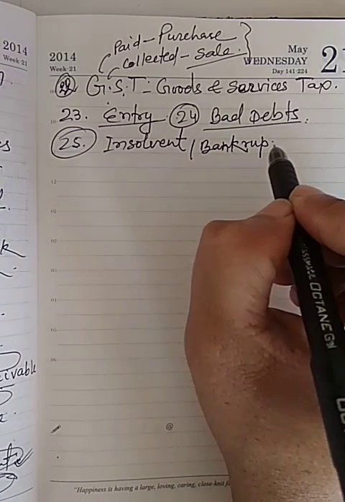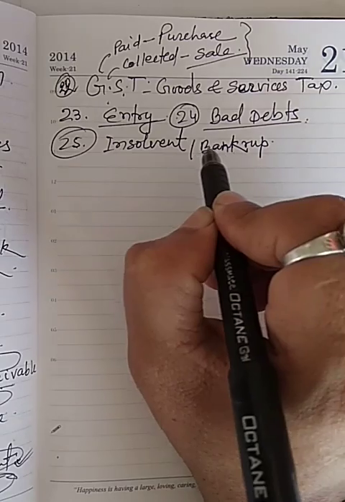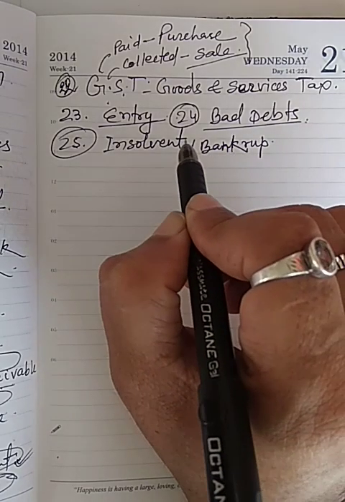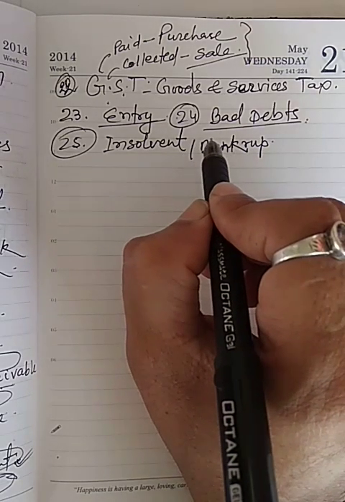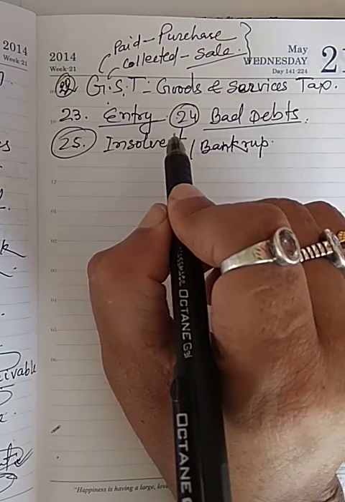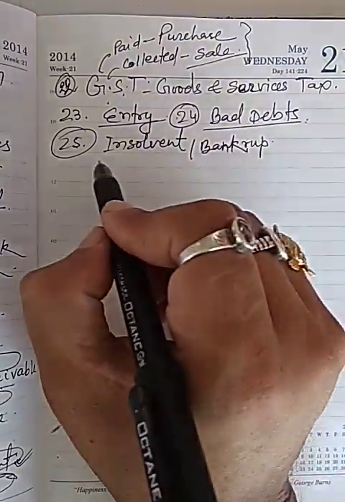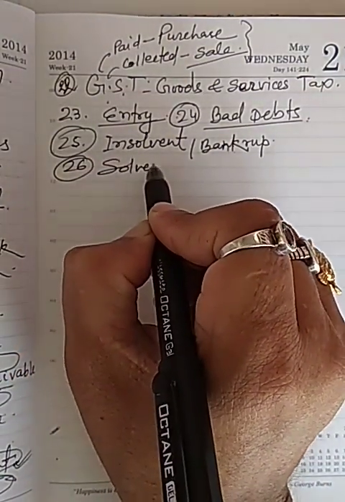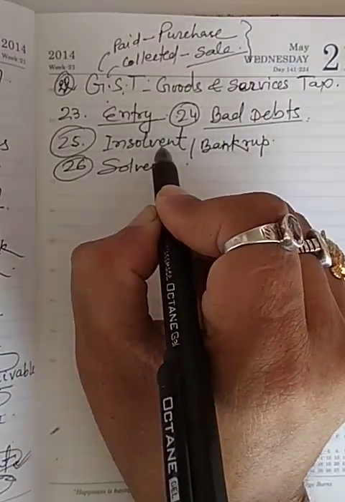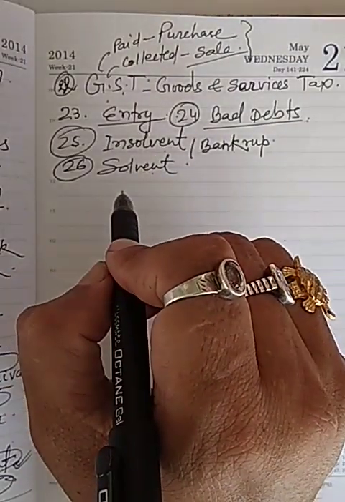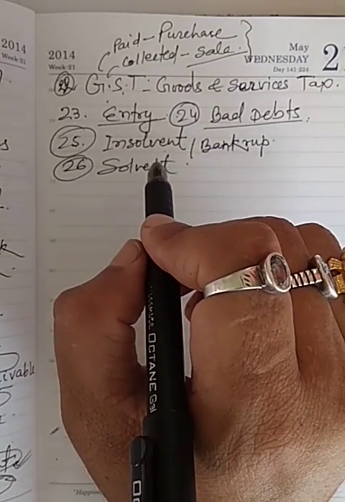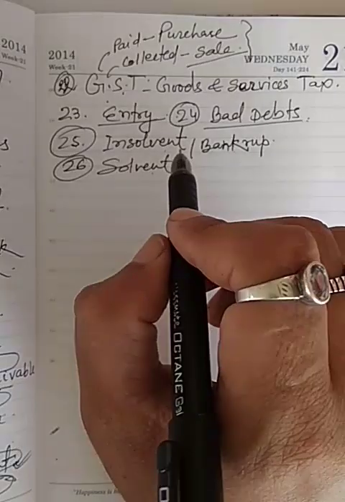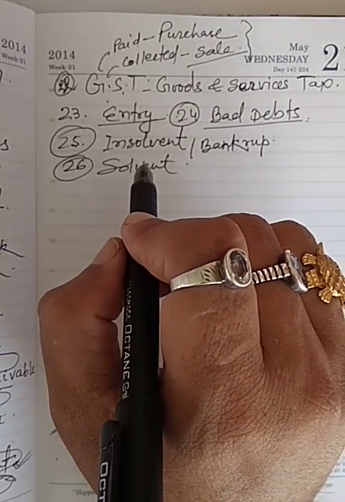Insolvent means a person or an enterprise which is not in a position to pay its debt is called insolvent. Now next thing is solvent, just opposite to insolvent. A person or enterprises which is in a position to pay its debt is called solvent.